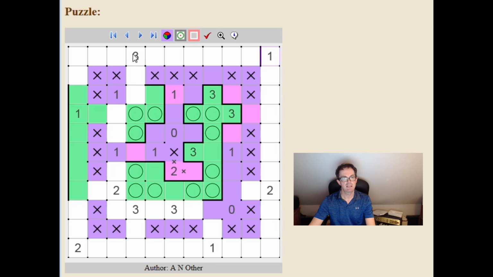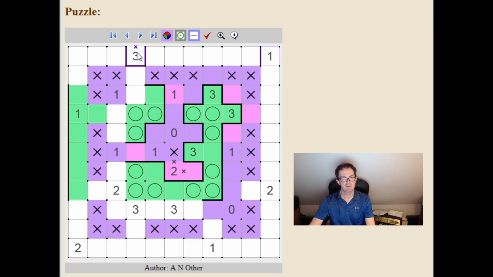If it's not green, there would have to be no line segment there because it's not inside the loop, and we'd have to have line segments going like this.